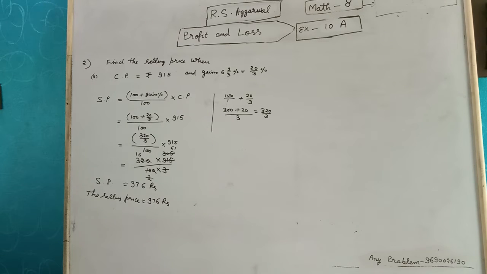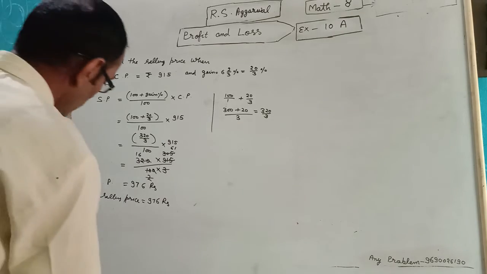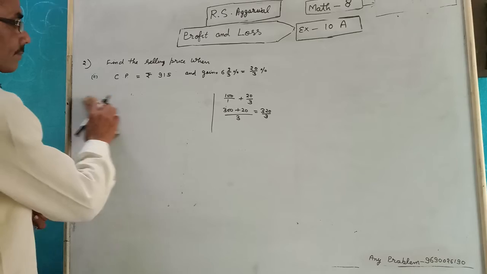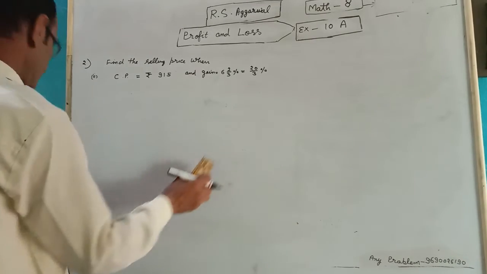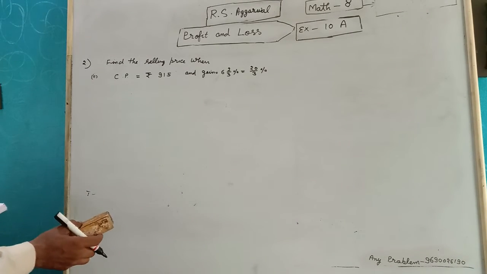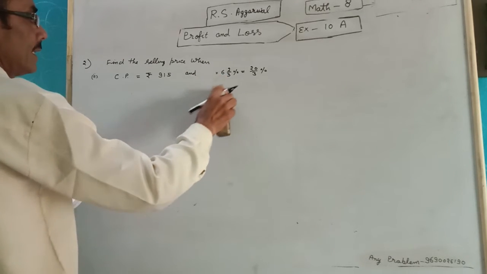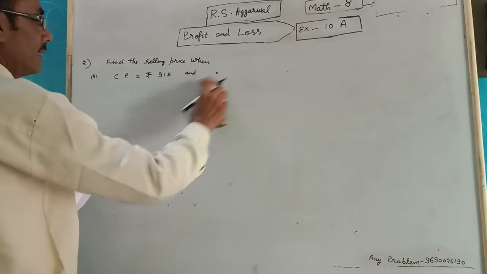Third part is loss. You write the loss in place of gain.